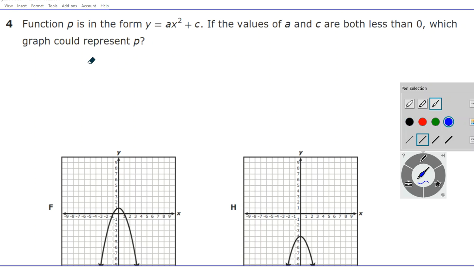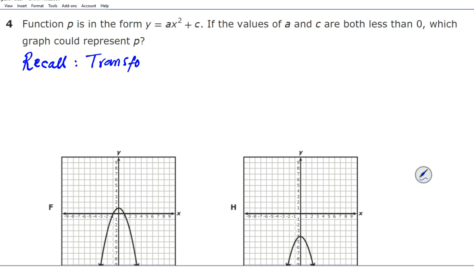Okay, so we have to remember our transformation rules. In this particular case, we are focusing on the transformations for y equals ax squared plus c.